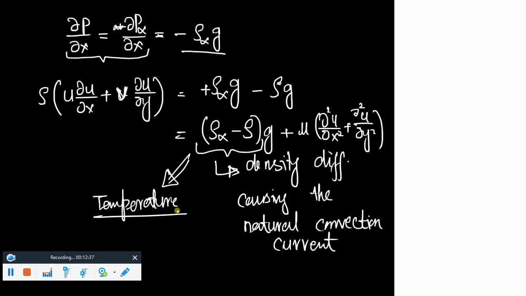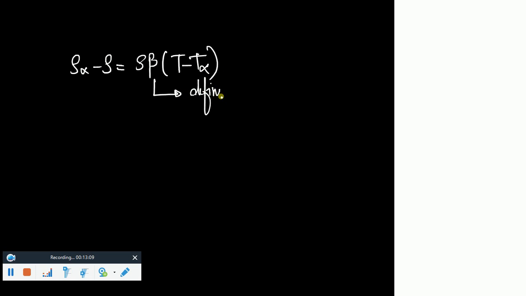We talked about a quantity. That was the volume expansion coefficient. You remember that? Let me write down the relationship. This rho infinity minus rho can be written as rho beta into T minus T infinity. That was from the definition of beta. And what is this thing?